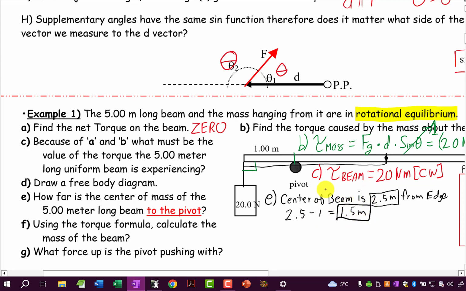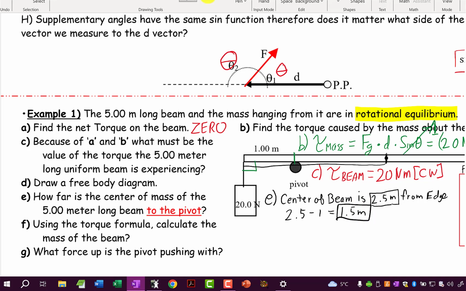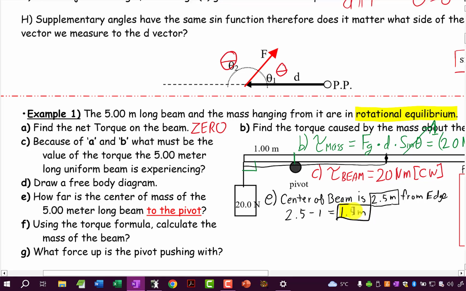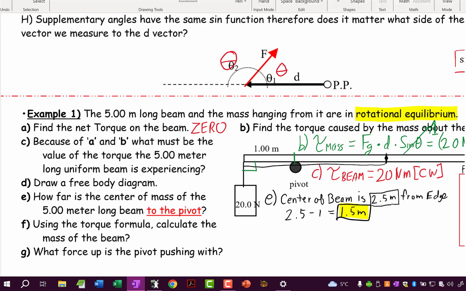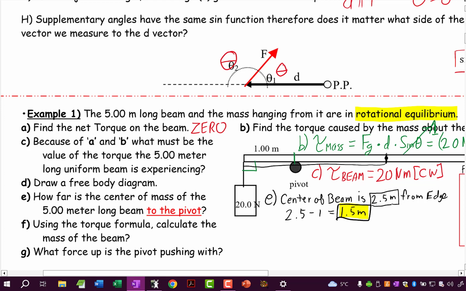That's the answer to E, 1.5 meters. How far is the pivot point to the center of mass, or how far is the mass to the pivot point?